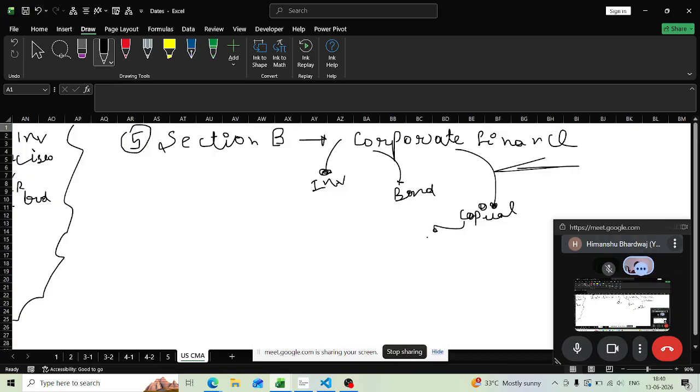We have a few options, like the owner investing his own money, which we call equity. And maybe I have borrowed some money from the bank itself, so it's debt. I need to make sure my whole capital structure is efficient for the business.